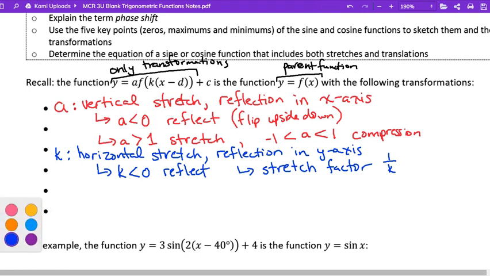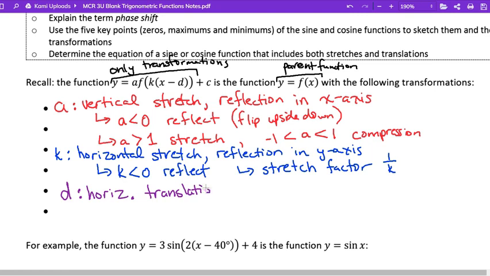Then we have the nice and easier ones. We have the d, which is the horizontal translation. If it says x plus 4, that is 4 in which direction? Left. And if it says x minus 3, that's 3 in which direction?